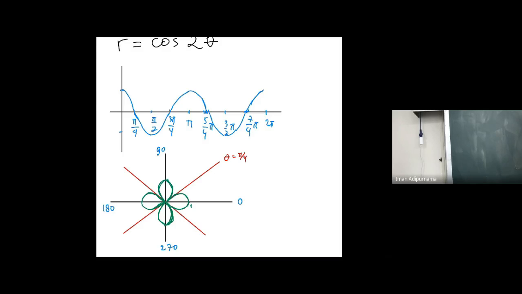It's weird at first, but in polar, it makes sense. Because actually there is not an exact negative in the point. When you draw the negative, it means the opposite side of the radius, the mirror of the radius.